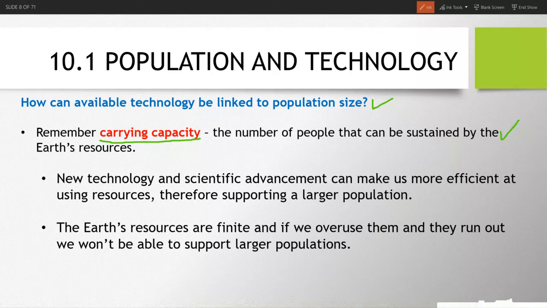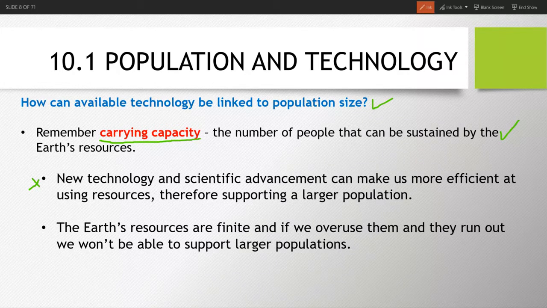If we think of it that way, new technology and scientific advancement can make us more efficient at using resources, therefore supporting larger populations. Maybe we're more efficient at growing food.